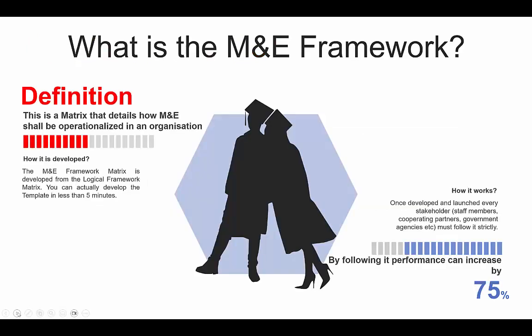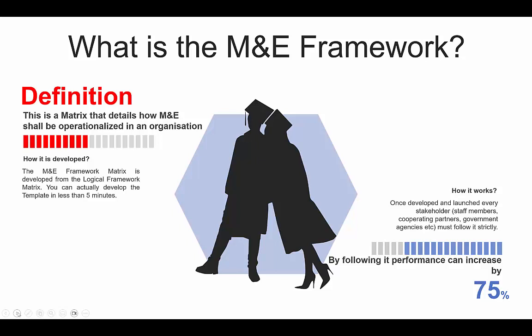Okay, now by definition, the M&E framework is a matrix. Okay, so this matrix is what helps you operationalize M&E in your organization without any challenges. Of course, you face challenges. That's not what I'm saying, but you just have to eliminate most of them if you're doing it the right way. Okay.